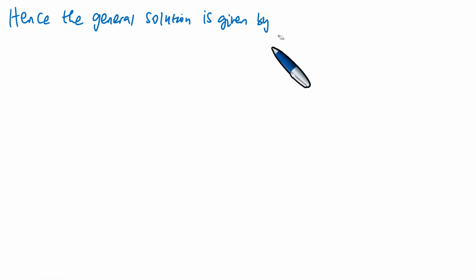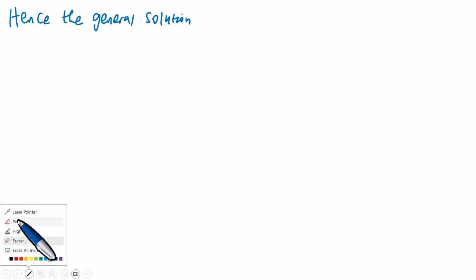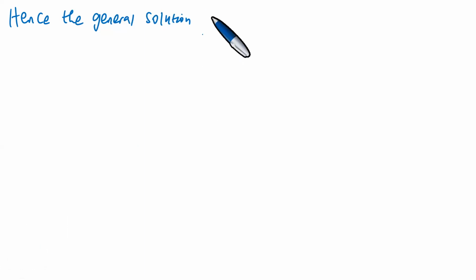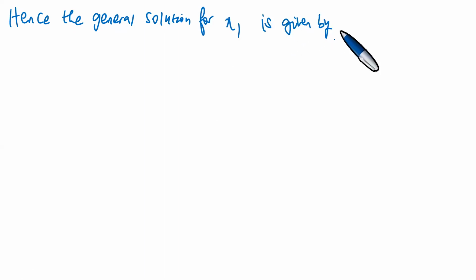Let's say that because we have two variables, x1, x2. So the general solution for x1 is given by x1(t).